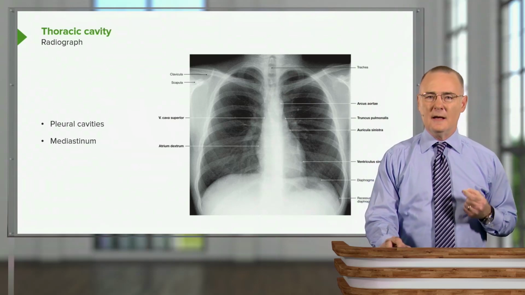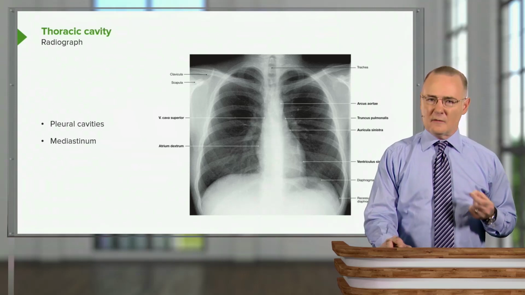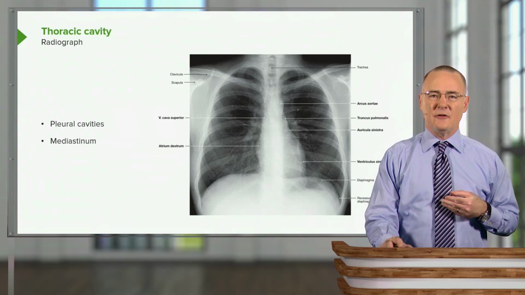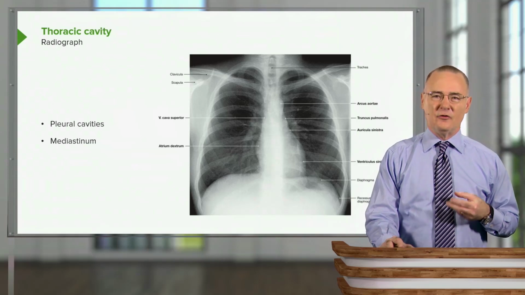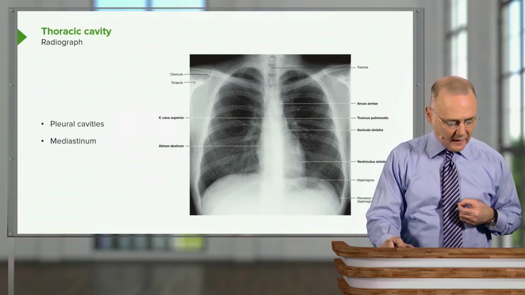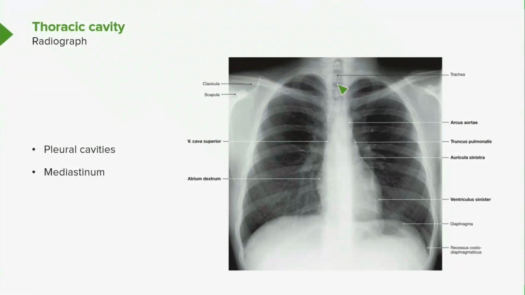The darkness is due to the fact that the lungs hold a lot of air, and the X-ray beam will readily pass through any air-filled structures, thereby darkening the film and providing for this nice dark contrast. We can also visualize, though it's obscured by the vertebrae, the air-filled trachea.